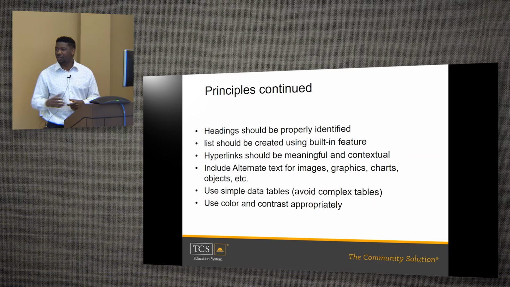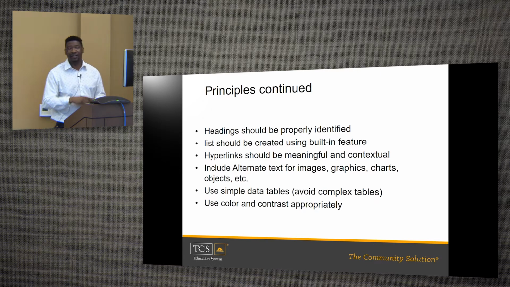That in itself can also create difficulties for those who are using a screen reader because tables are read from left to right and from column to column by those who are using a screen reader. And I'll show you what that looks like in a little bit.